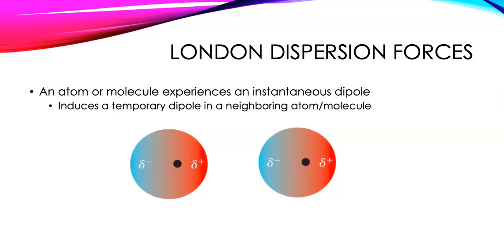And now one side of one is partially positive and one side of the other is now partially negative, and there's a very temporary, very weak electrostatic attraction between them. Now, time average, both of these species are nonpolar, but there's enough here to hold the particles together weakly.